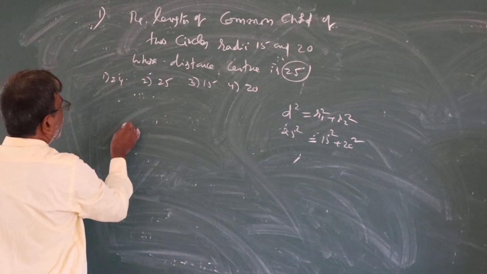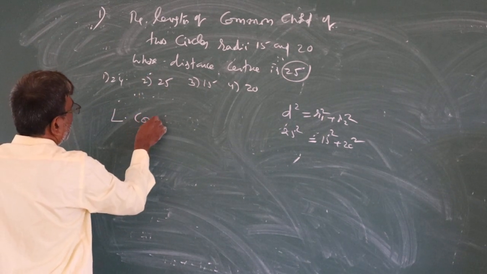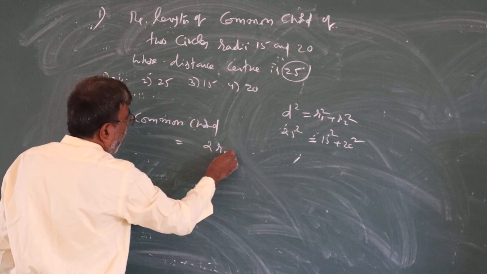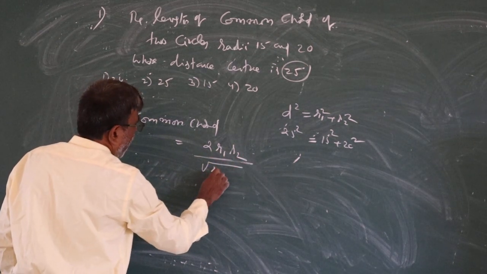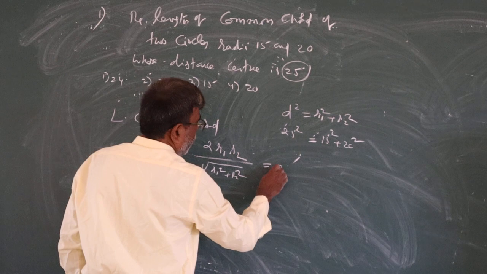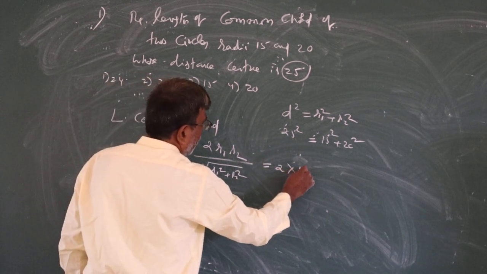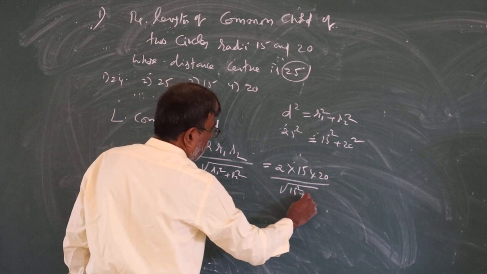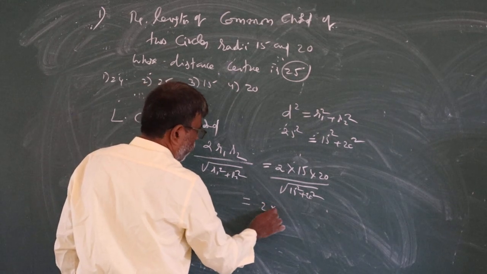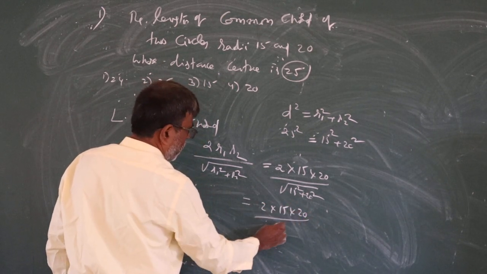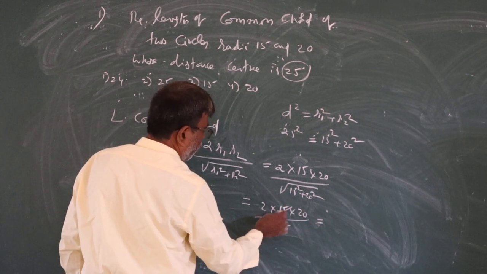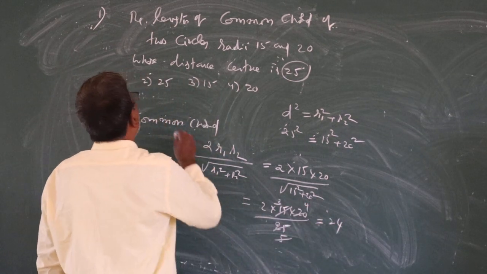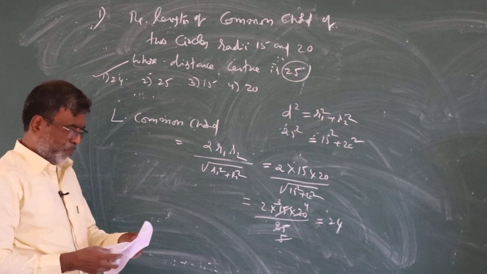Now the length of the common chord equals 2 r1 r2 by root of (r1 square plus r2 square), that is 2 into 15 into 20 by root of (15 square plus 20 square), that is 2 into 15 into 20 by 25, which is nothing but 24. So the first option is the correct option.